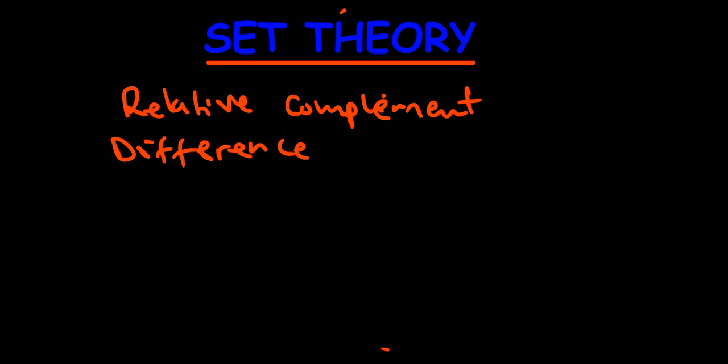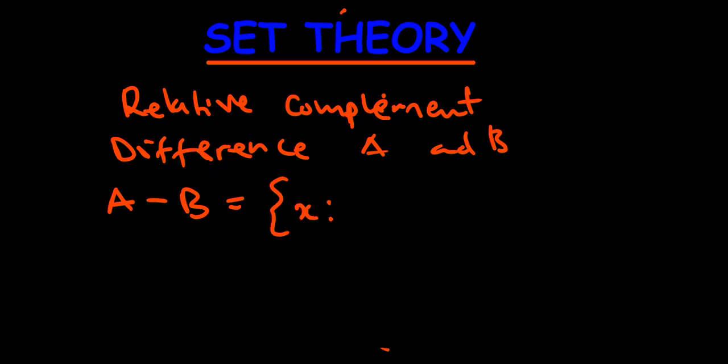So if you have sets A and B, the difference between the two sets, which is A minus B, in this case we will say is equal to the set of x such that x is a member of A and x is not a member of B. So this is what relative complement is.